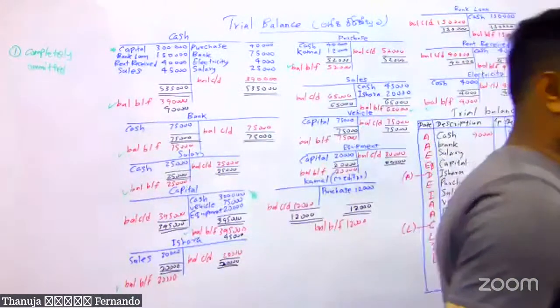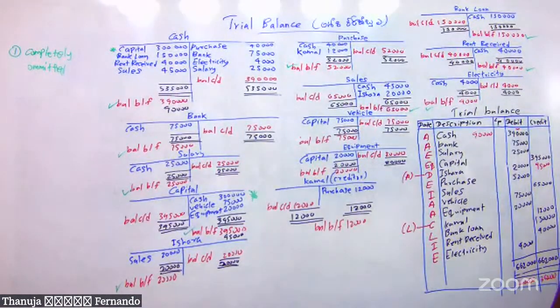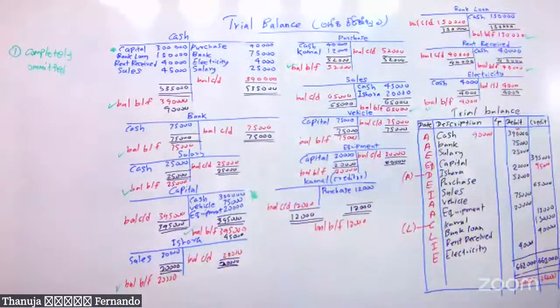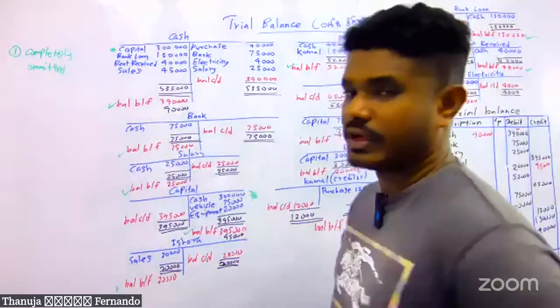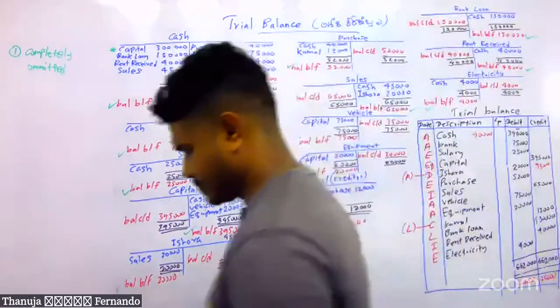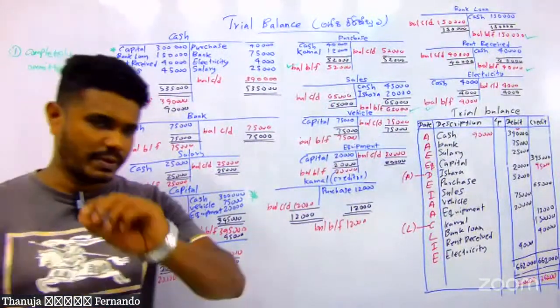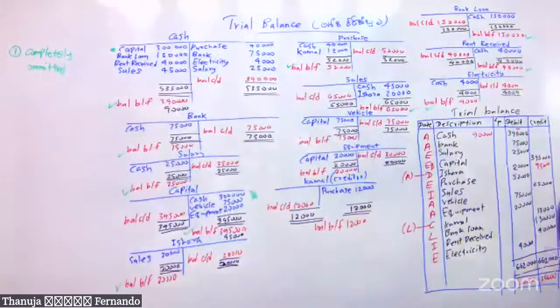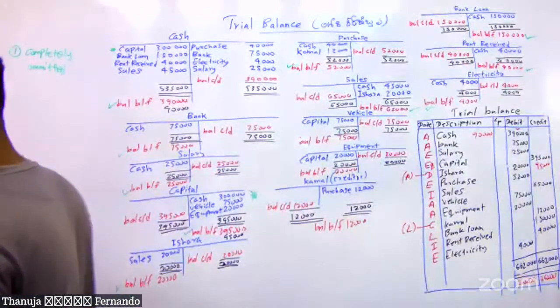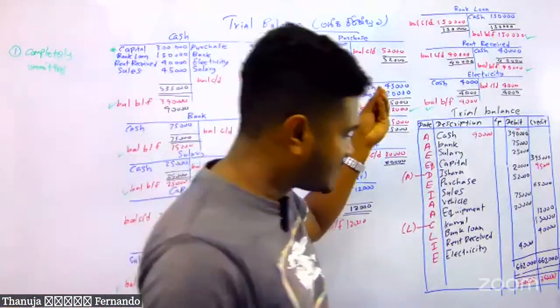Right, so under this topic we are going to learn about the errors that are not affecting the trial balance. I mean, we are now going through the types of errors that do not affect the trial balance.